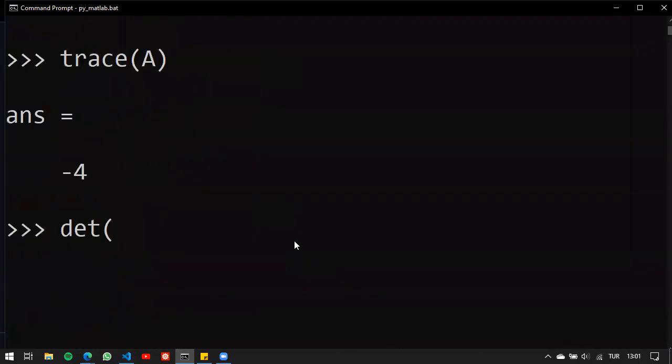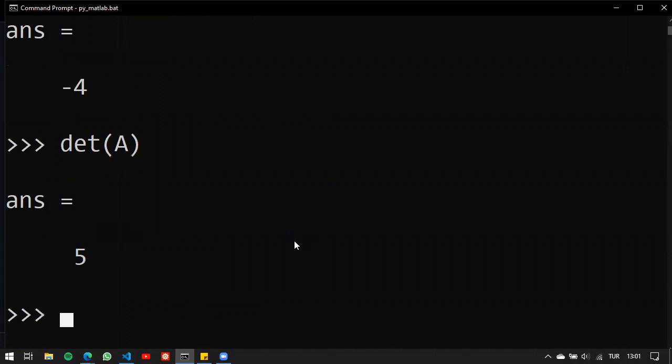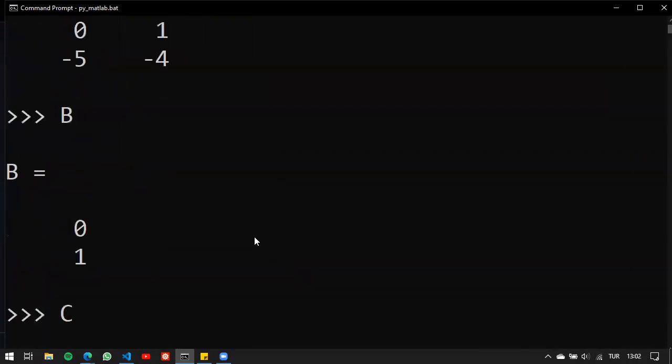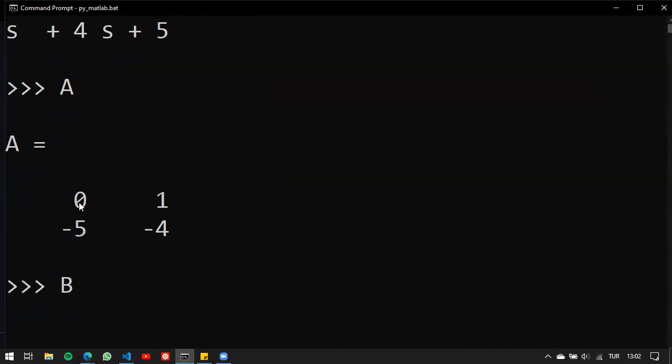And the determinant here is also important, because that's 5. Why? Because if you calculate the determinant of a square matrix, you're multiplying the eigenvalues. If you calculate the trace, you're summing up the eigenvalues.